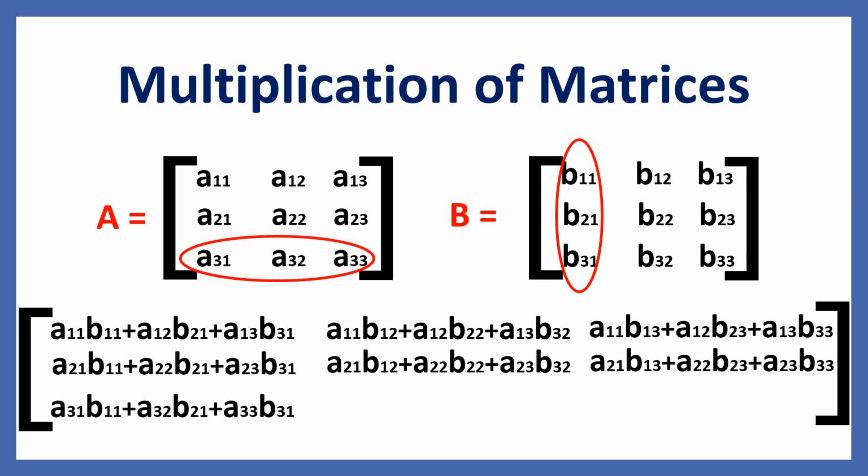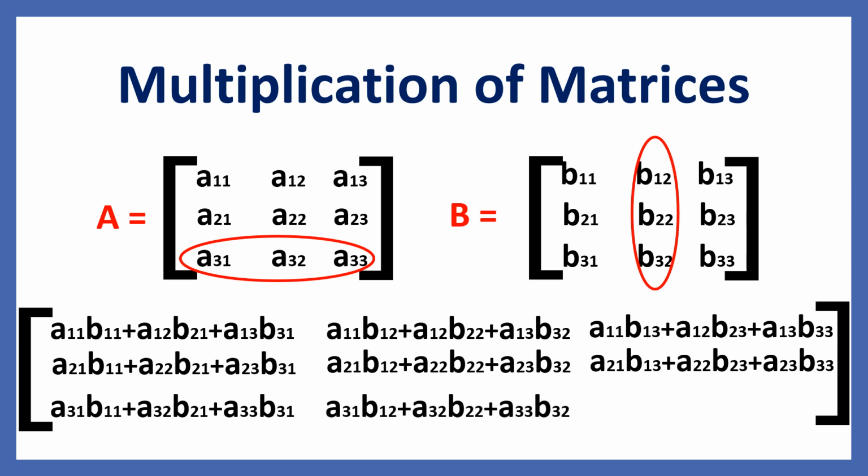And then the next element can be obtained by taking the second column. Then we are considering the third row of the first matrix and the second column of the second matrix, and the values we get are A31 into B12 plus A32 into B22 plus A33 into B32.